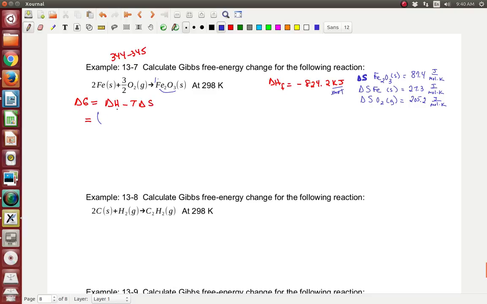All right, so we can fill in our value here. For H, we just use the value we looked up, negative 824.2 kilojoules. Minus the temperature, which is 298 kelvins, right there. And then, of course, we have to calculate delta S again.